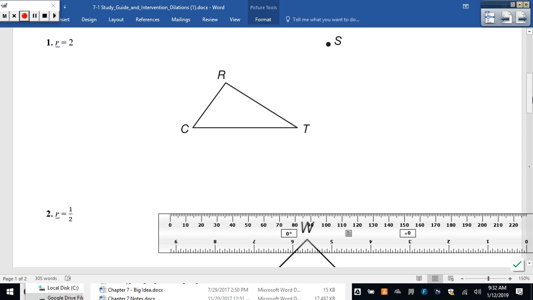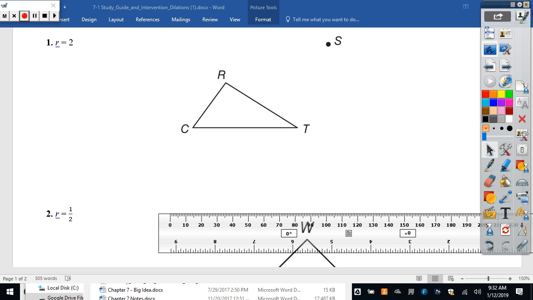dilations here. Okay? Now you notice the R value is 2. So we should be thinking to ourselves right now, R value is 2. That means that whatever shape I'm going to form is going to be twice the size.